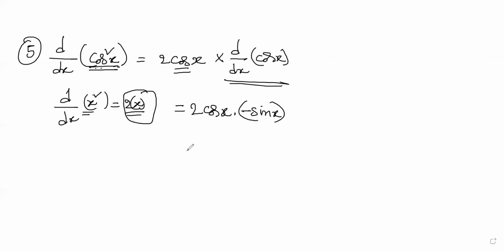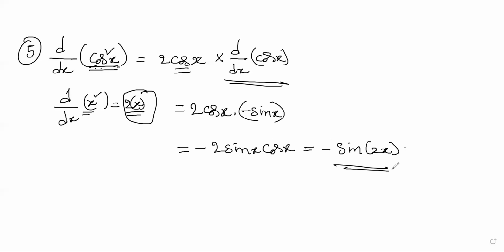So you get negative of 2 sin x cos x, which is sin 2x by the trigonometric identity. So you get negative of sin 2x. Clear?